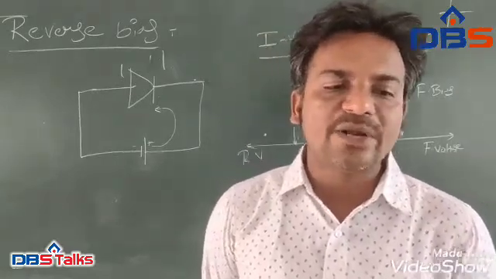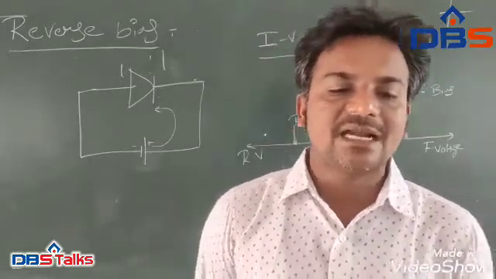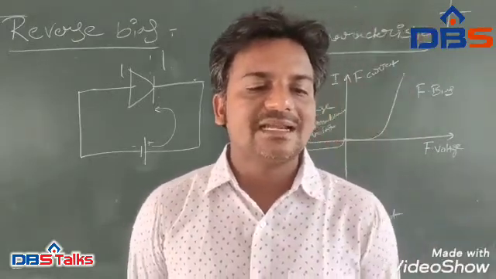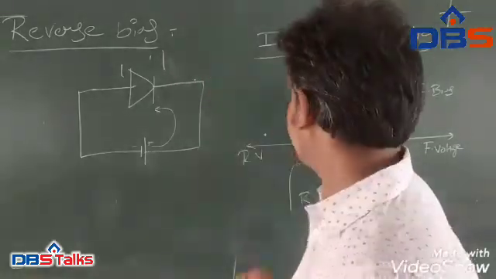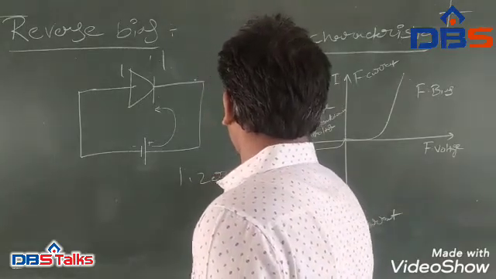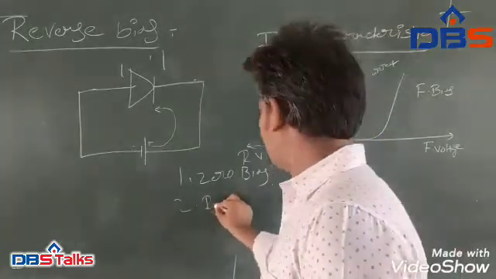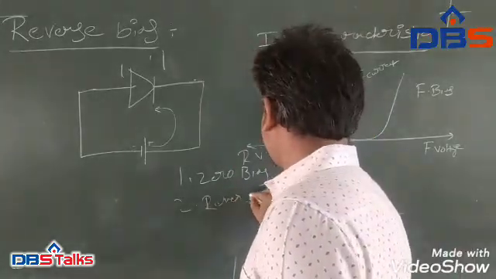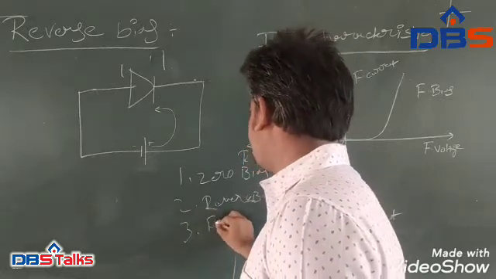So there are two operating regions and three possible biasing conditions for the standard junction diode. The first one is zero bias, the second one is reverse bias, and the third one is forward bias.